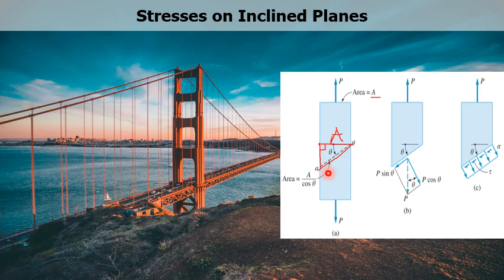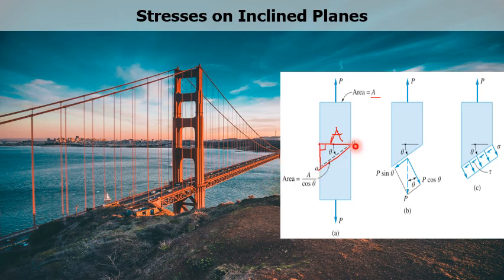SOHCAHTOA, sine, cosine, tangent. But which among the three are we going to use? To help you decide, if we have an angle theta in this right triangle, the horizontal area A is the adjacent side, and the inclined plane is the hypotenuse. There goes your clue.